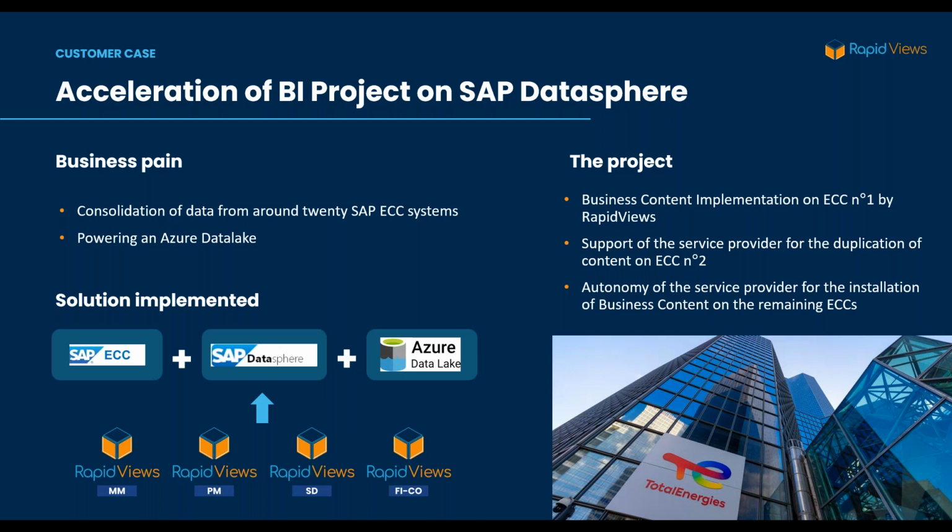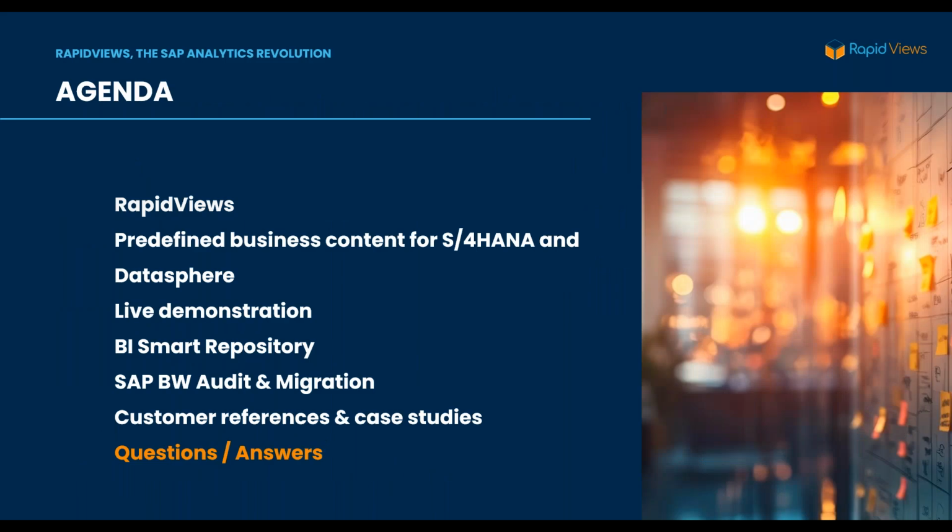They are using FICO, SD, MM, and PM, and then everything is centralized in one place. Afterwards, they export all the results to Microsoft Azure data lake. So as you can see, our RapidViews content can be used in different kinds of scenarios. And that's it.